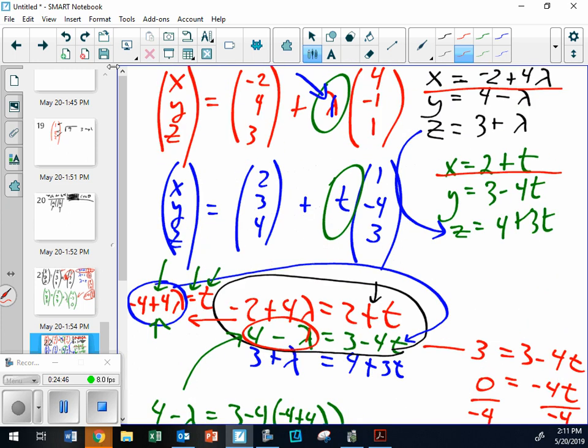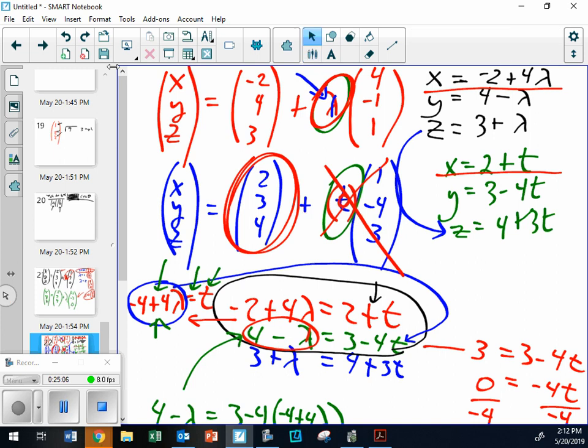Watch what happens when I put t equals 0 in here and lambda equals 1 in there. Well, if t equals 0, this just cancels, and it's at the point 2, 3, 4. The question is, does the other one end up at the point 2, 3, 4? When I put a 1 right here, I got to go -2 plus 1 times 4, which makes +2.